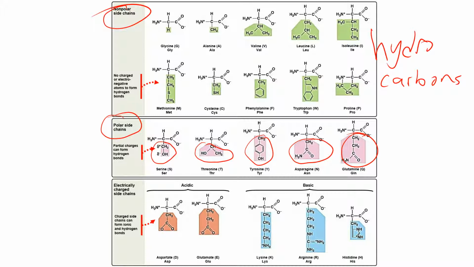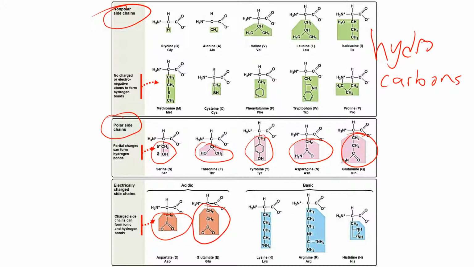And then you have your charged R groups, your acids and your bases. Your acids are going to have a negatively charged R group, something like aspartate and glutamate.